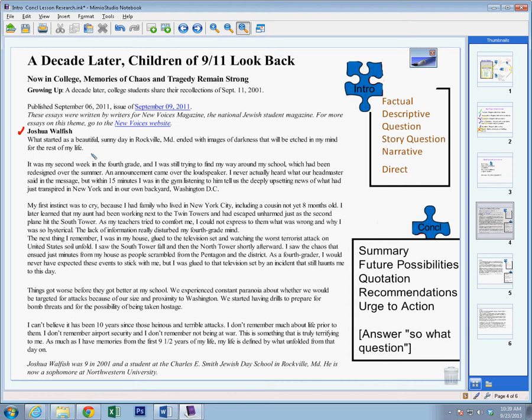Because it's a narrative, that's going to affect the type of introduction you choose, as well as the type of conclusion. In this case, the type of introduction is quite clearly a narrative. And you'll notice that it says, "What started out as a beautiful sunny day in Rockville, Maryland, ended with images of darkness that will be etched in my mind for the rest of my life."